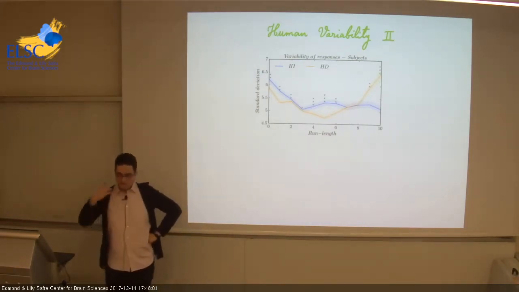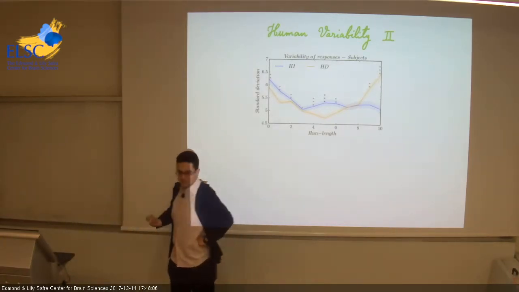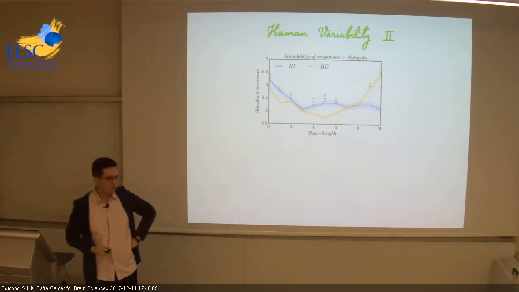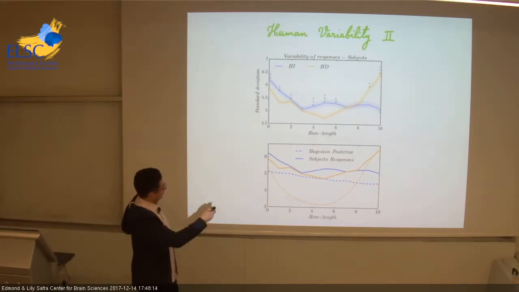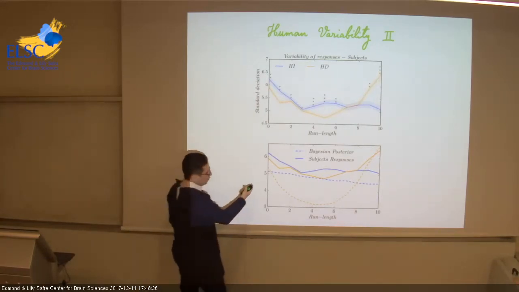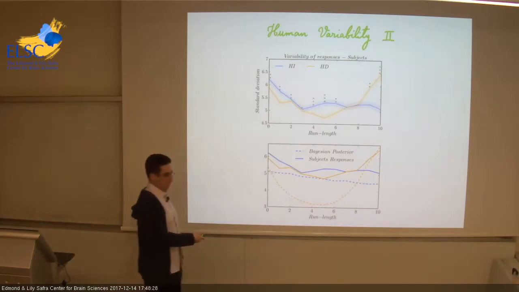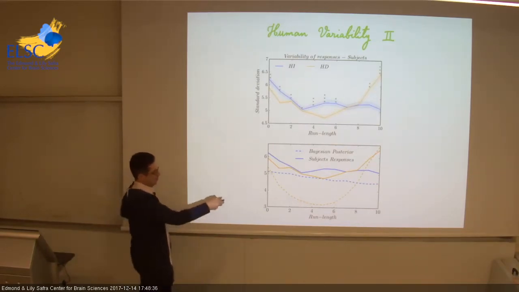This is very suggestive that there is an underlying mechanism, similar to the one that governs the learning rate, that also governs variability. If you compare the subject responses, these solid lines here, to the standard deviation of the Bayesian posterior, you see that at least qualitatively it's similar. The standard deviation of the Bayesian posterior goes down in the blue case, and in the yellow case it has this smile shape, going back up.